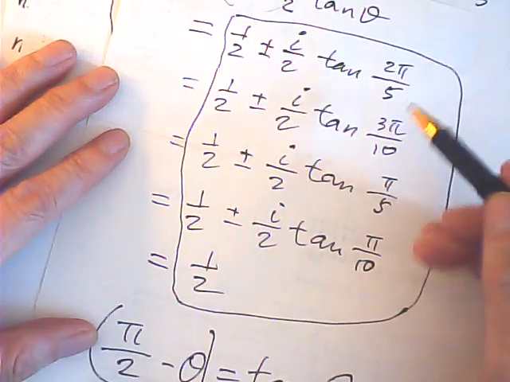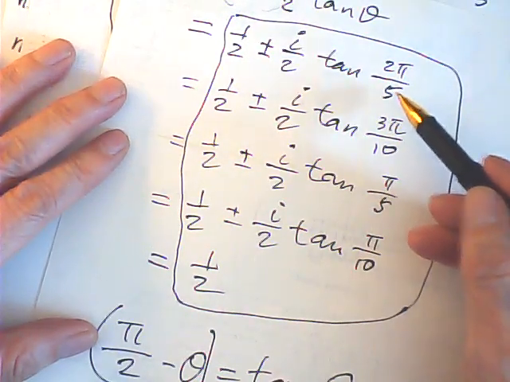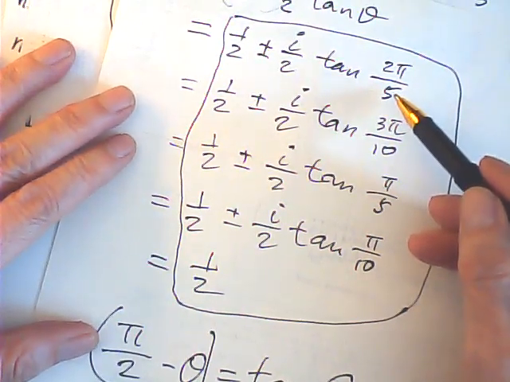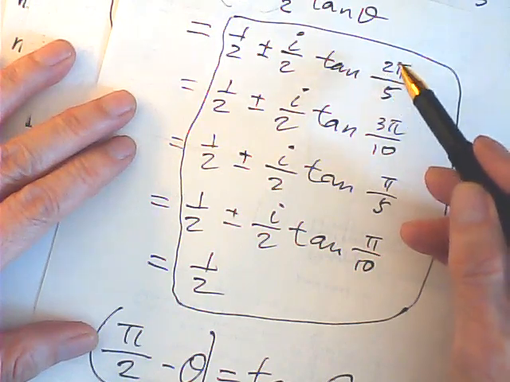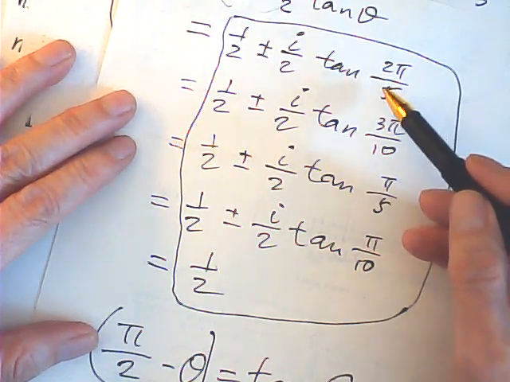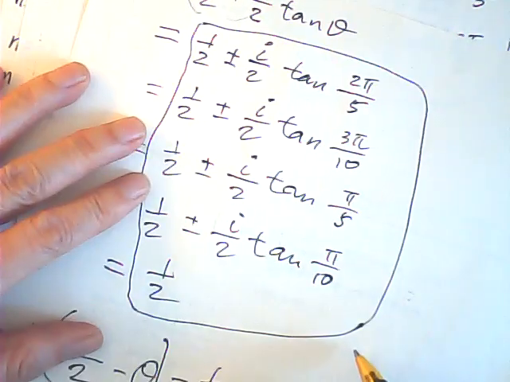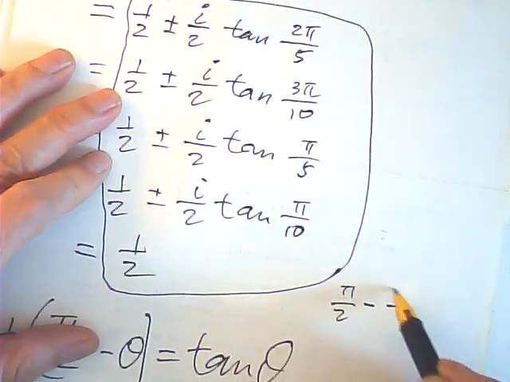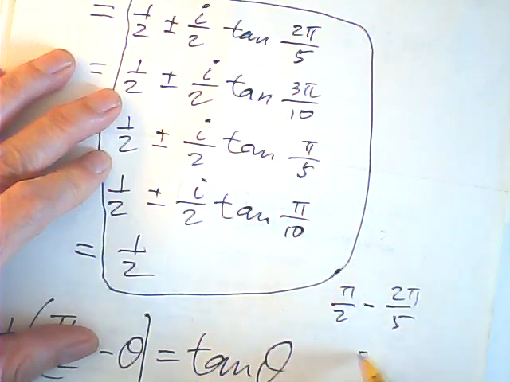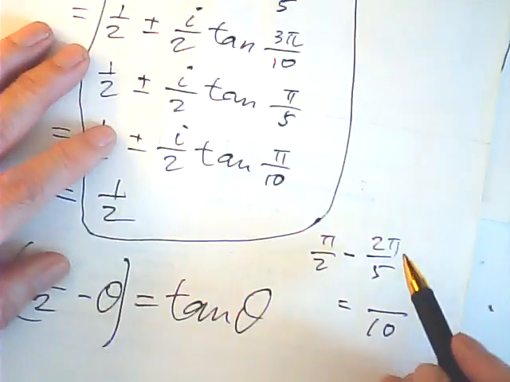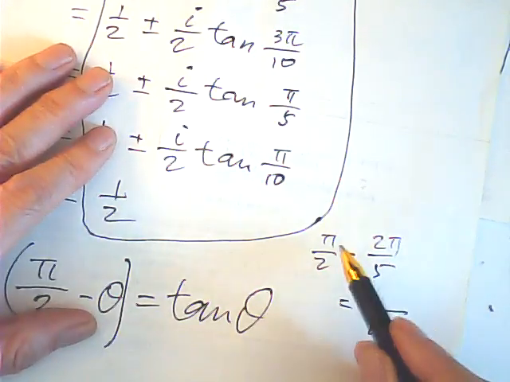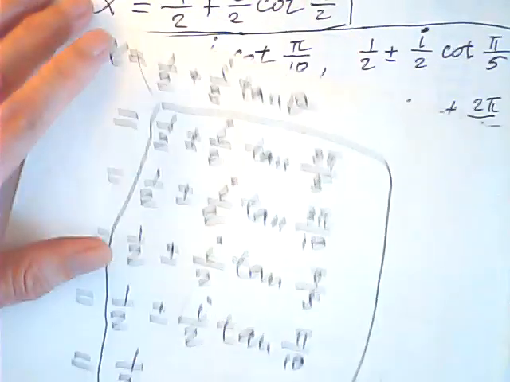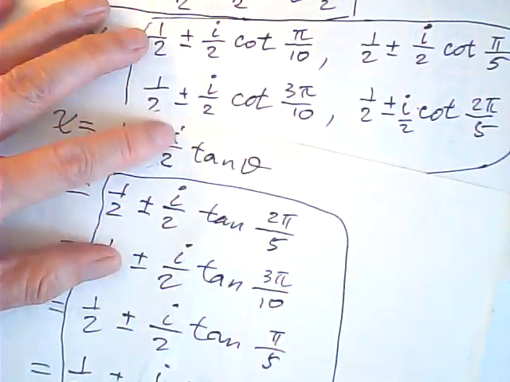So half pi minus 2 pi over 5 will be pi over 10.